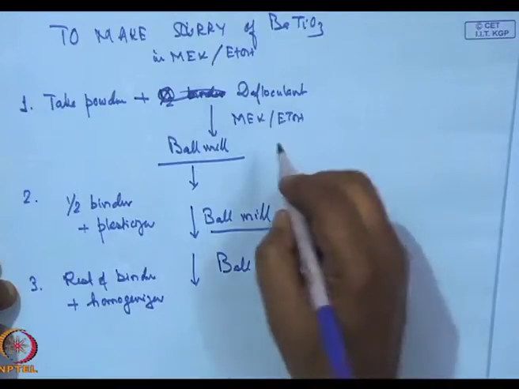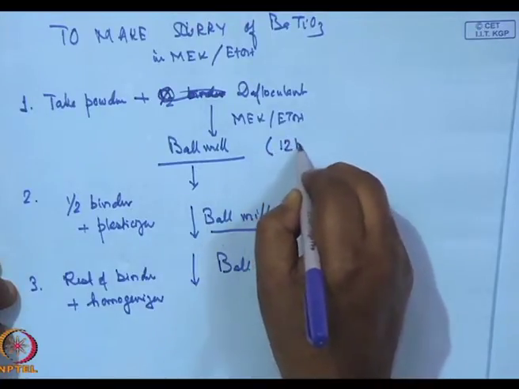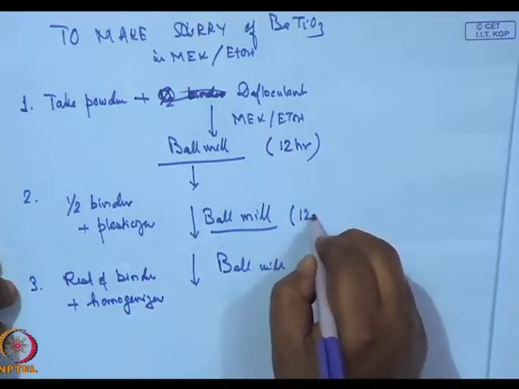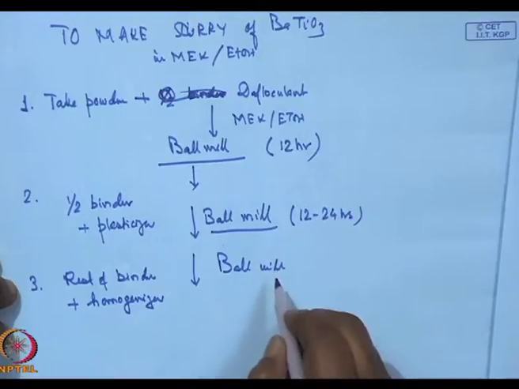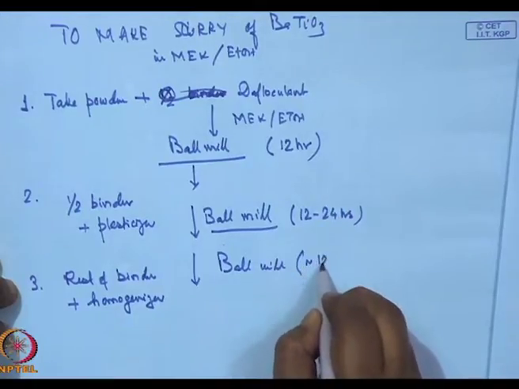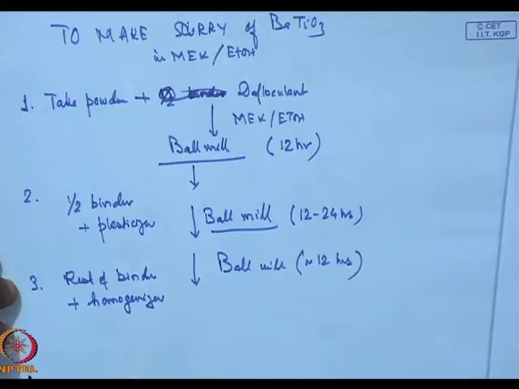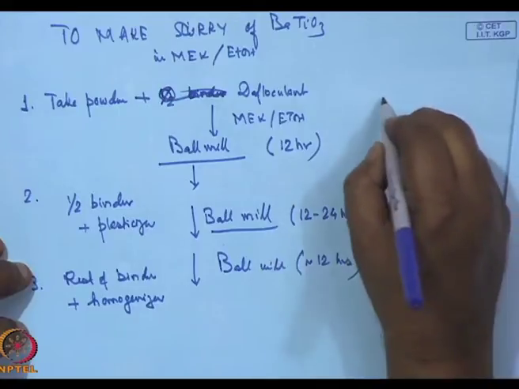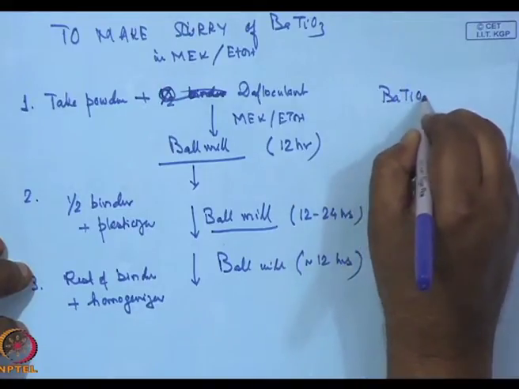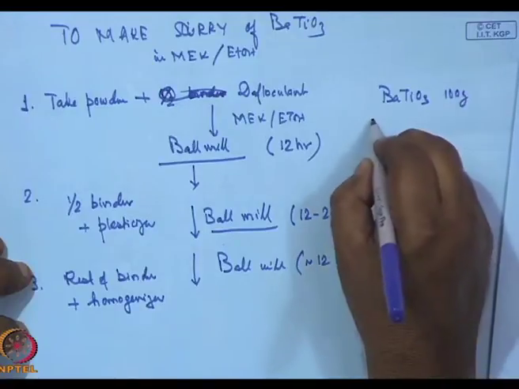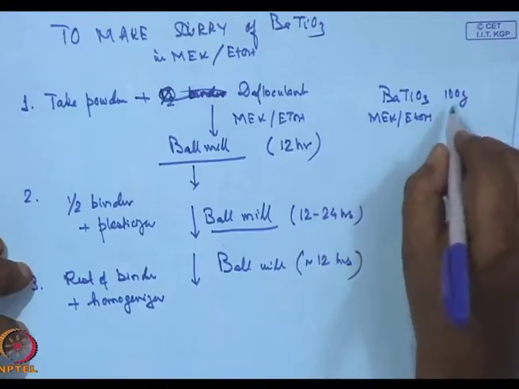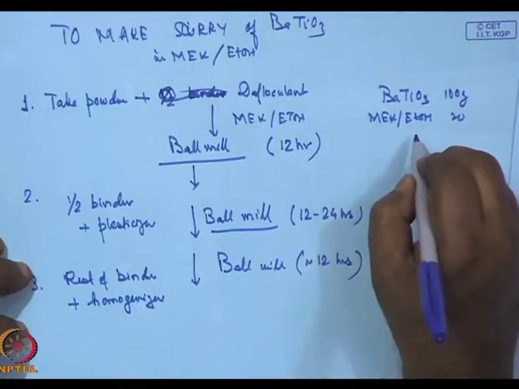Now, let us put some times. Here, I would do a 12-hour ball mill. This one would go up from 12 to 24 hours. This one would be around 12 hours. If I am looking at the amounts, then barium titanate, if it is 100 grams, the MEK ETOH would be 20 grams.